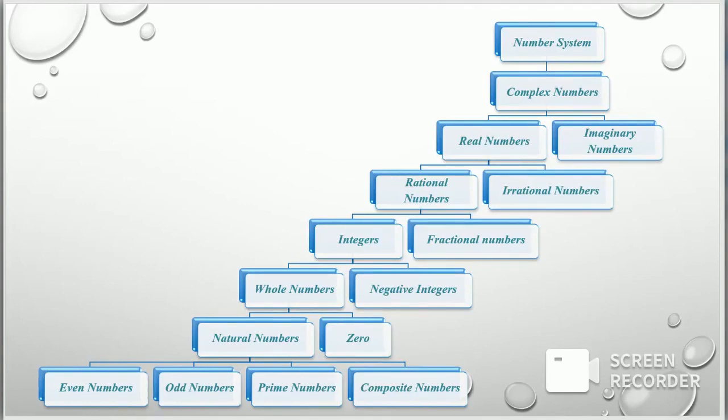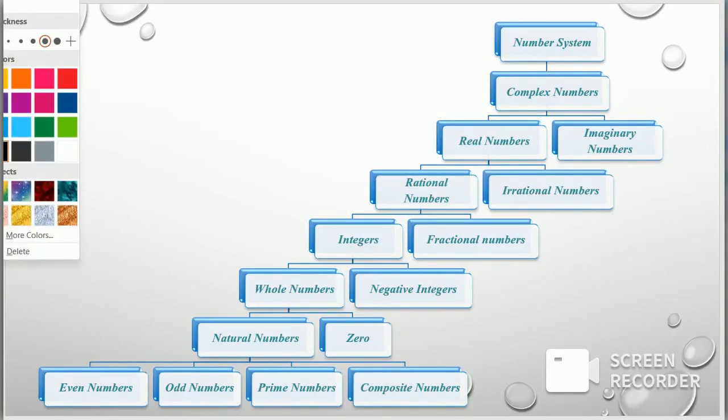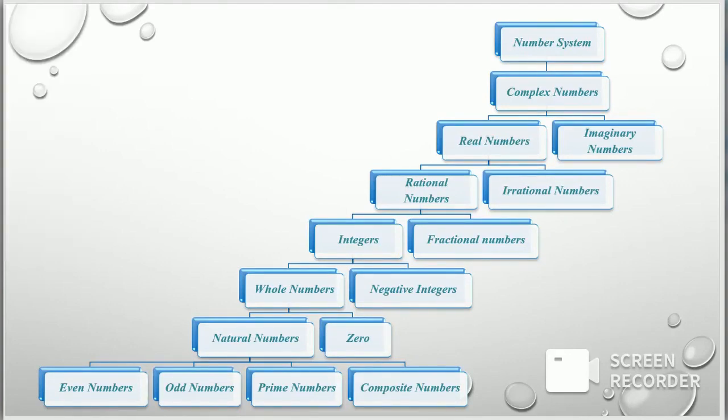First, we have to derive the number system, which is nothing but complex numbers. And these complex numbers again we have to divide into two types, that are real numbers and also imaginary numbers.